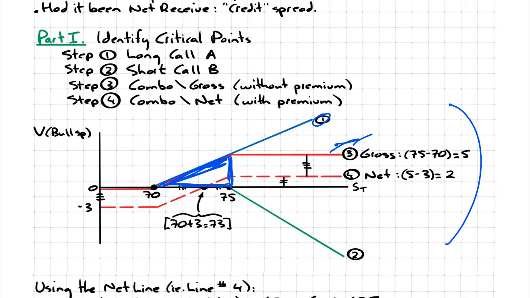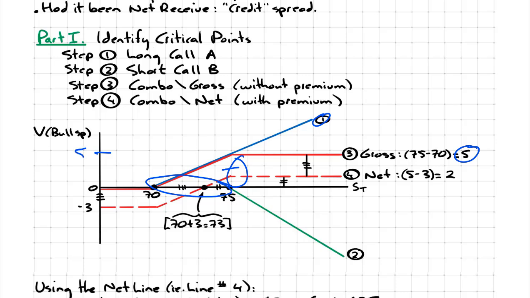And as I said, because they're 45-degree angles, the two sides will have equal length, which means that this length here is the same as this length there. So that's how we get a gross value of $5. So if you're looking for what the coordinate is for line 3, this would be 5. And how did we get 5? It's the same distance as there.